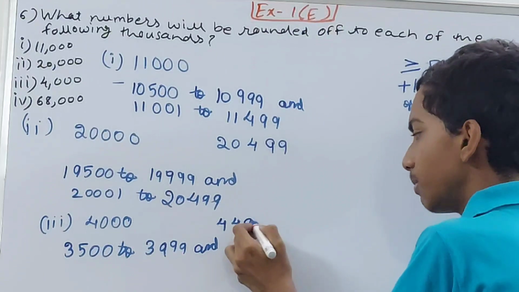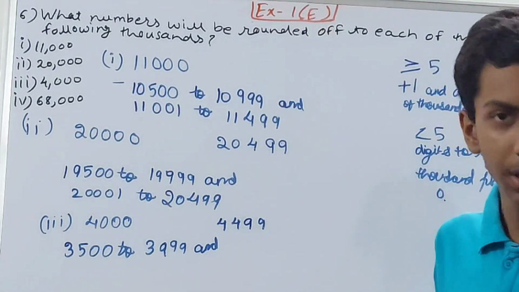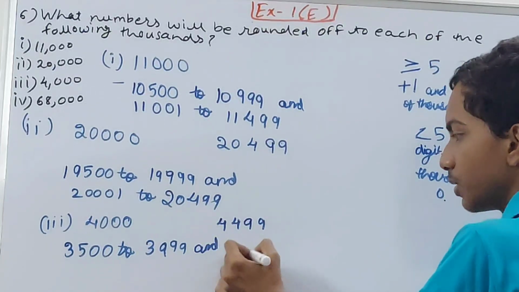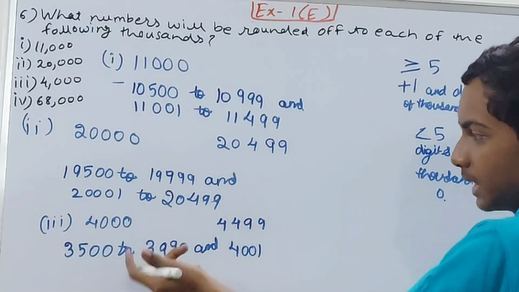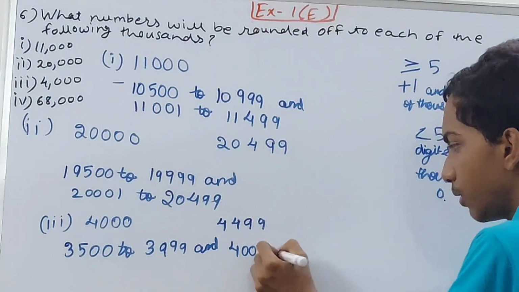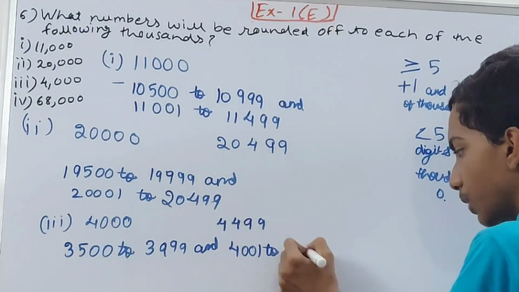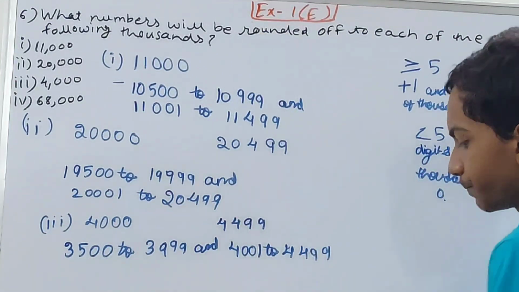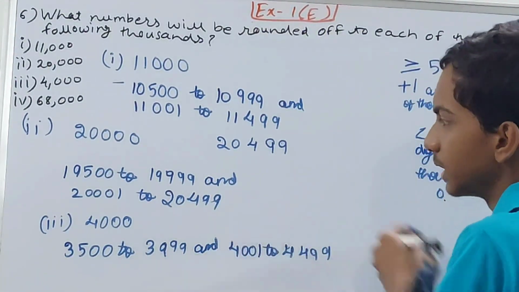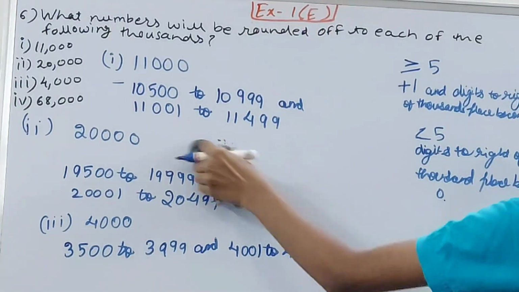And the ones and tens will become 99, because I want the greatest number. So first of all, you have 4,001, right? Like I said, you have to plus 1 and then begin your answer. 4,499, right? This is the simple way of doing these questions, right? Again, we don't need this, and we don't need this as well, right?